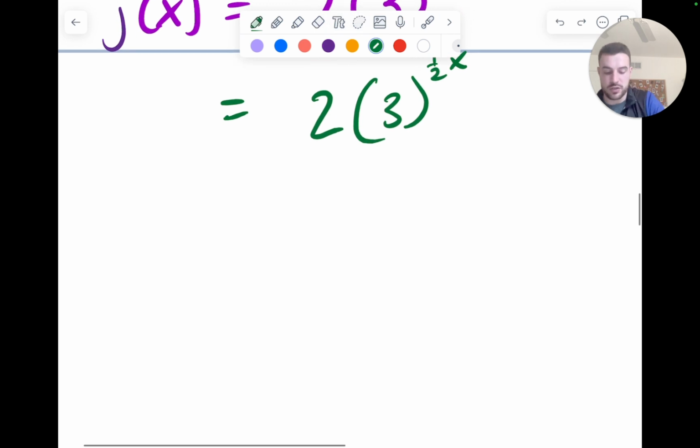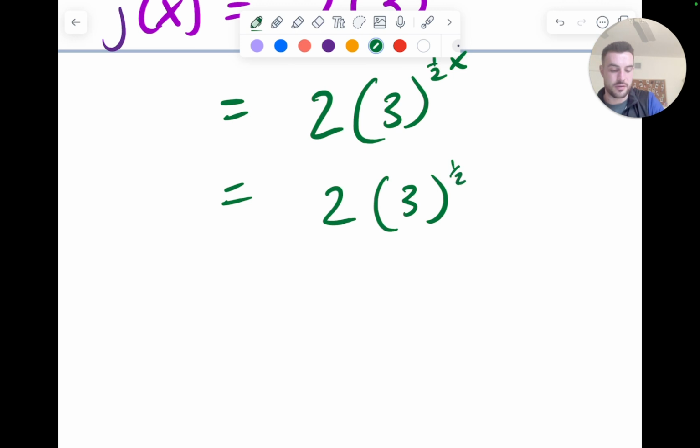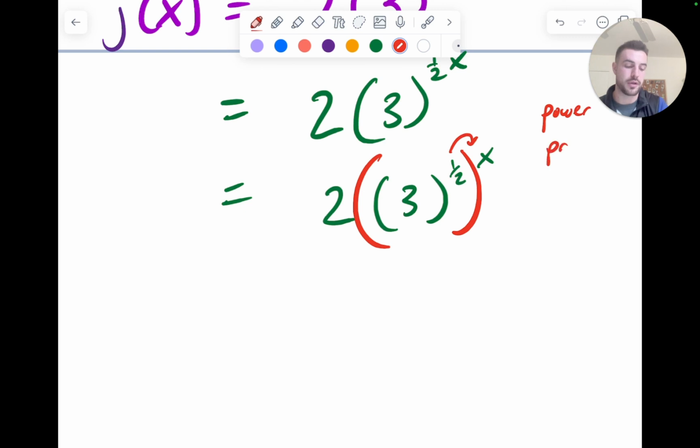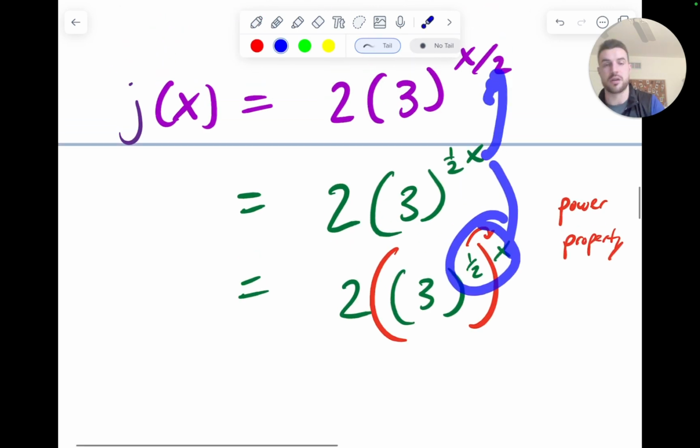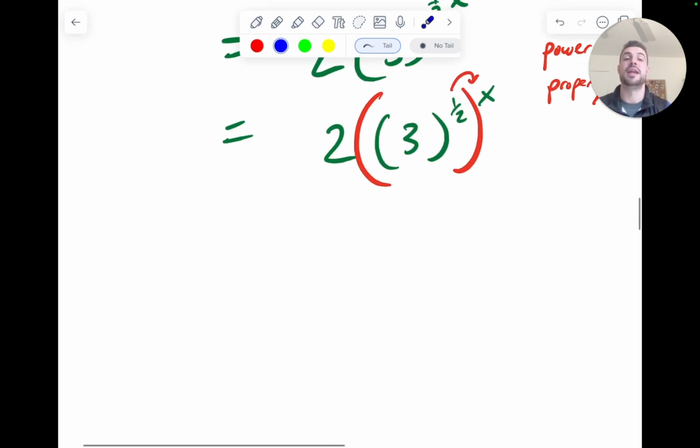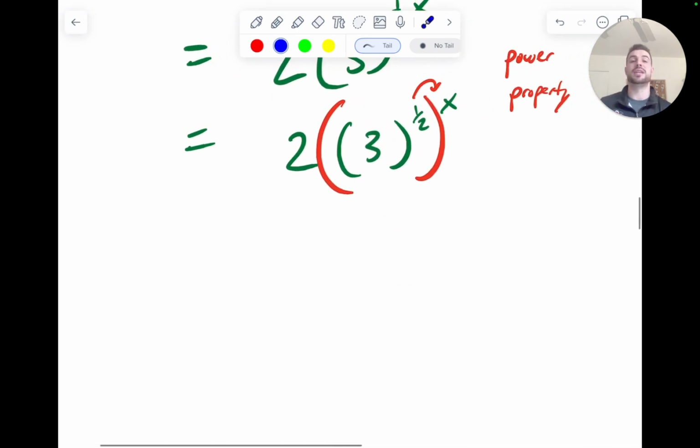And now what I can do is I can take this and I can group together the 3 and the 1/2. All right, so this is basically the opposite. Technically, this is our power property, where most of us would go from here to here, where we are simplifying, but now we are separating, and again, it's so we can get our x value by itself.